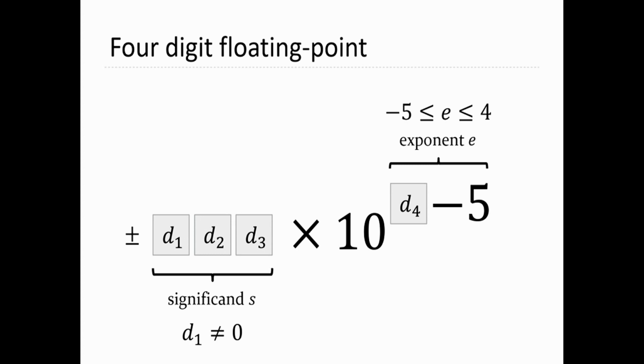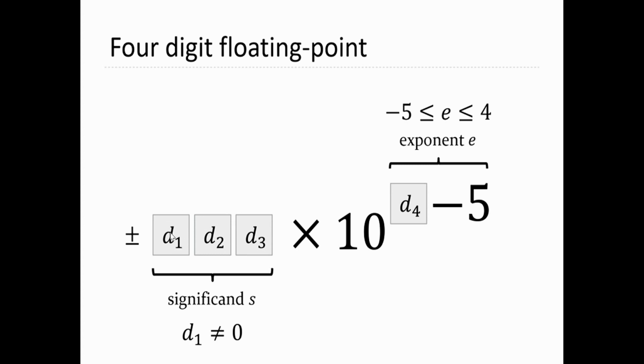I'm working with a very simplified representation of floating point numbers, and that's just to make giving this lecture a lot easier. I don't have to write down 30 digits or something crazy like that. So all of our numbers are going to have an integer part called the significand. They always have 3 digits in the significand, and the first digit is not allowed to be 0.